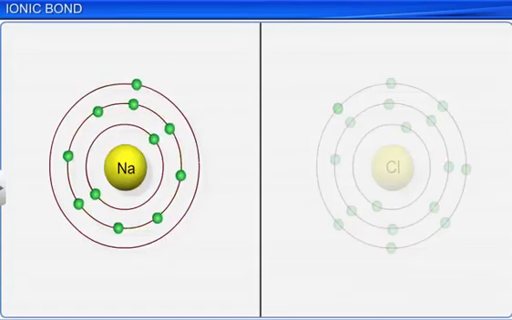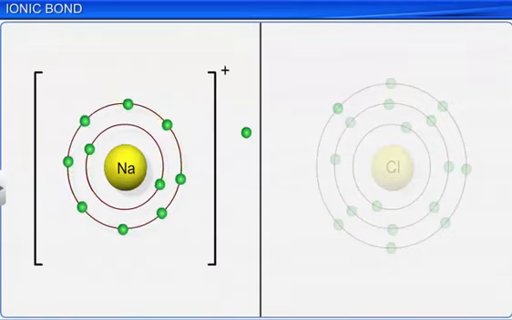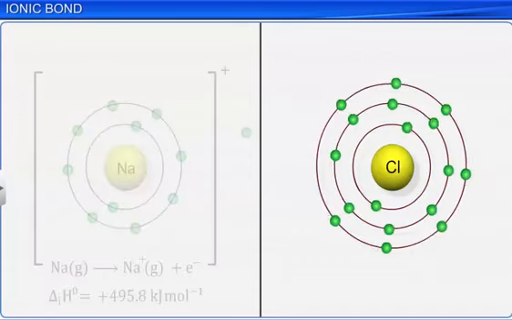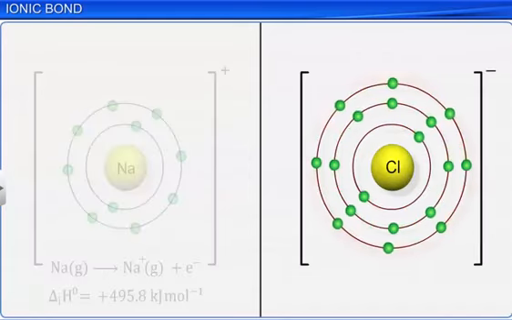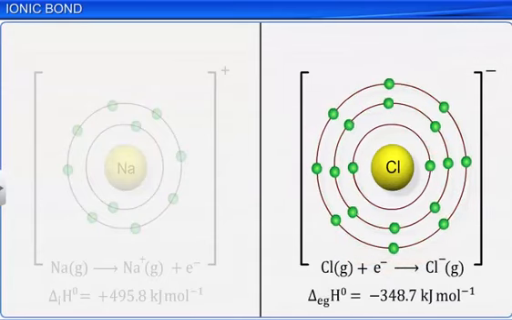For example, in the gaseous state, the ionization enthalpy for the formation of Na+ from sodium is plus 495.8 kJ per mole, while the electron gain enthalpy for the formation of a chloride ion is minus 348.7 kJ per mole.